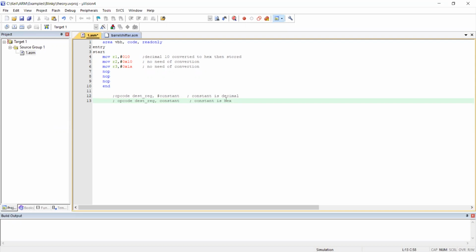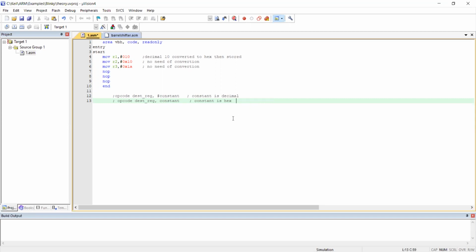Hex numbers are also 0 to 9, and also we have A, B, C, D, E, and F. These are all the digits used in the hexadecimal system.